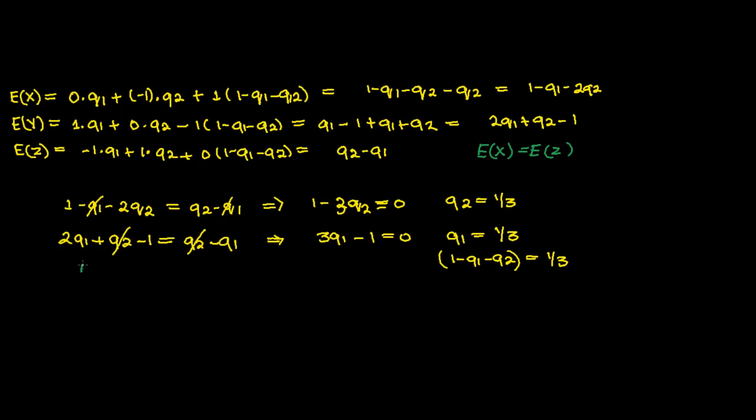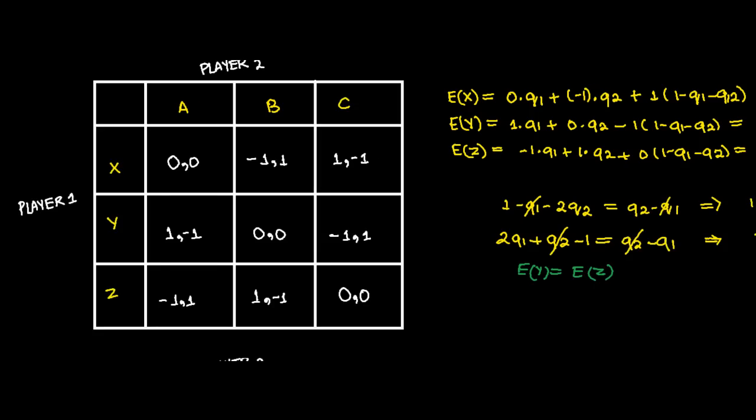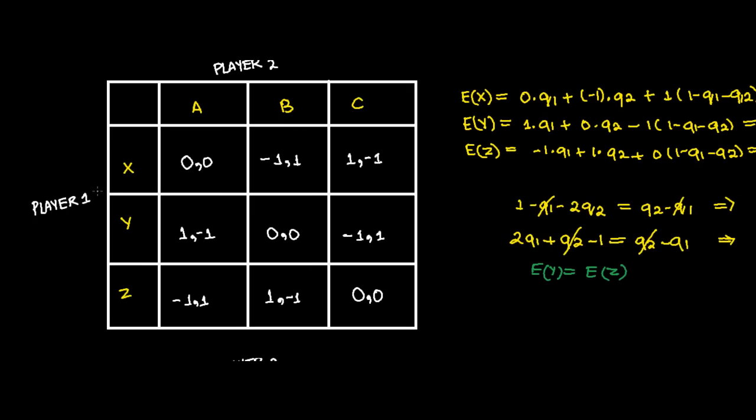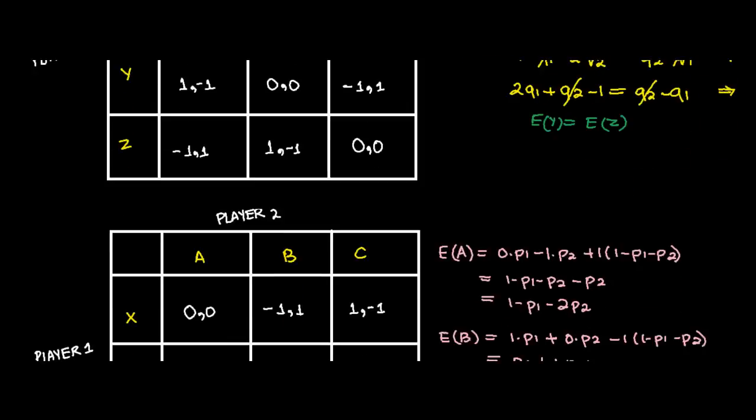Then you solve EY equals EZ, and you get Q1 equals 1 by 3. And 1 minus Q1 minus Q2 is definitely 1 by 3 then. So player 1 is going to randomize his choices between X, Y, and Z with probabilities 1 by 3, 1 by 3, and 1 by 3 respectively. Let us see what will happen to player 2.